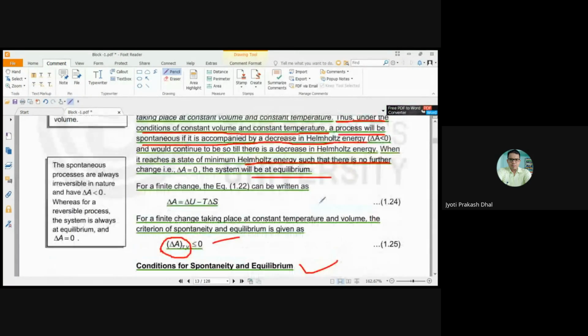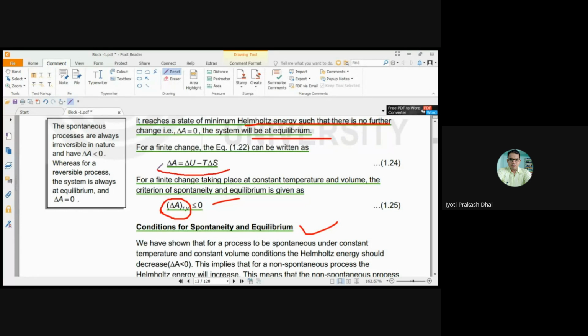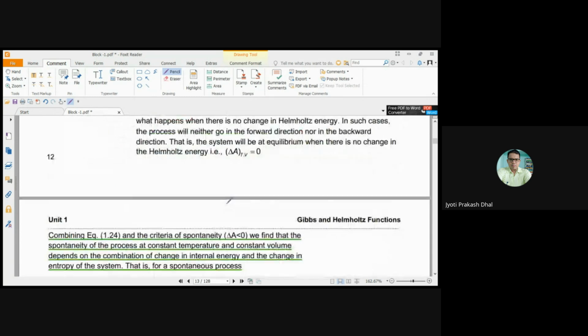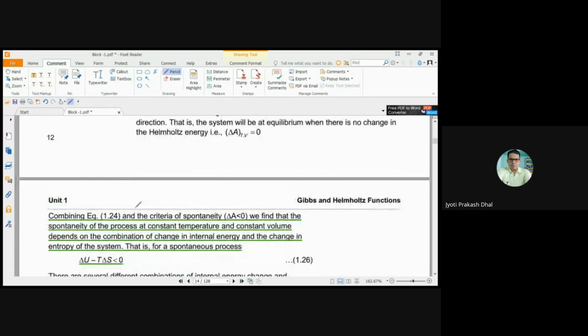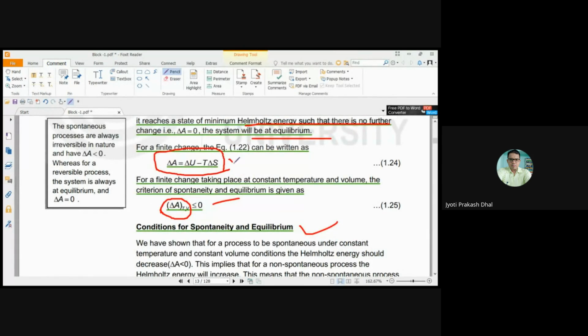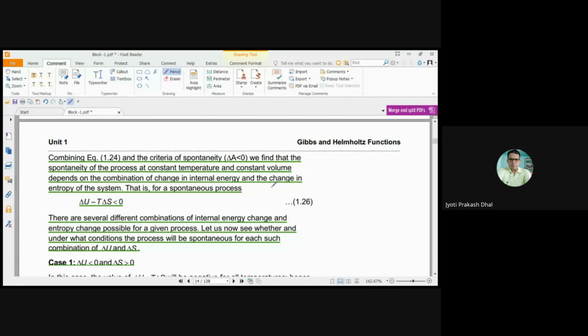Equation 1.24, that is del A equals del U minus T del S, and if we combine it with the criteria for spontaneity and equilibrium, that is del A less than or equal to 0, that means if we compare equations 1.24 and 1.25, we find the spontaneity of a process at constant temperature and constant volume depends upon the combination of change in internal energy and change in entropy of the system.